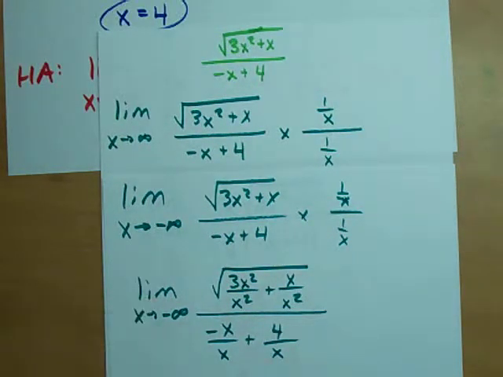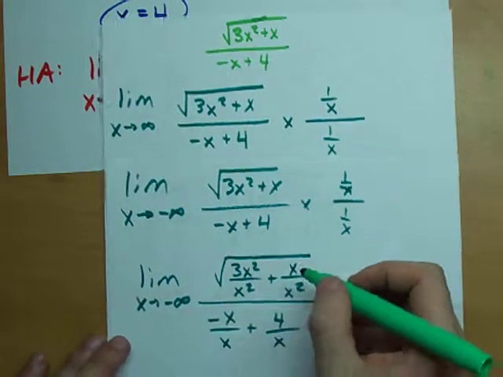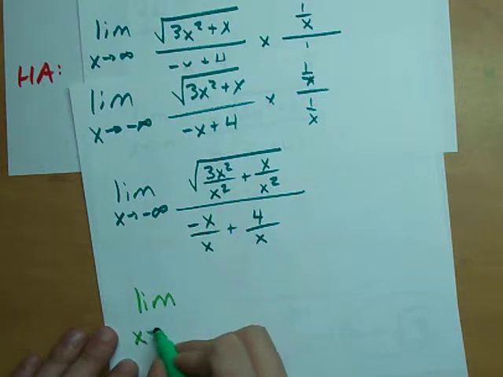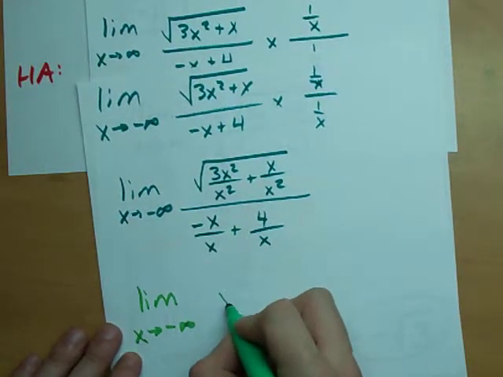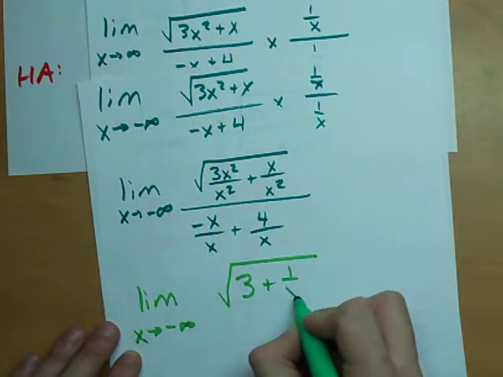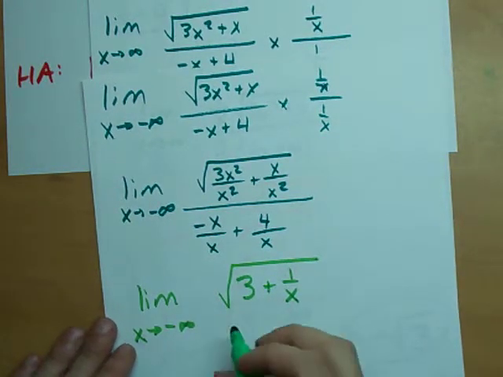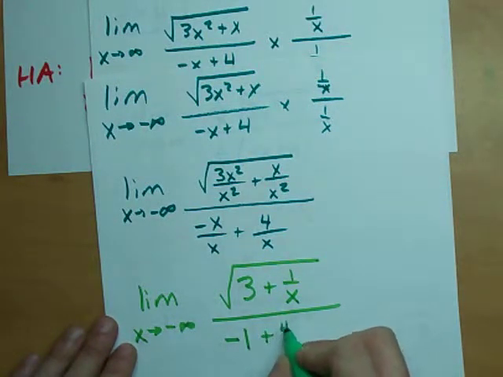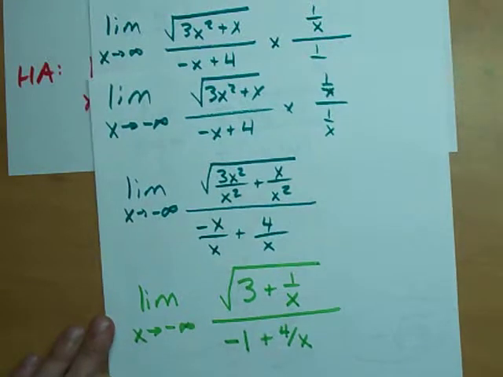But let's take a look at what happens. The limit as x approaches negative infinity of the square root of 3 plus 1 over x, over negative 1 plus 4 over x.